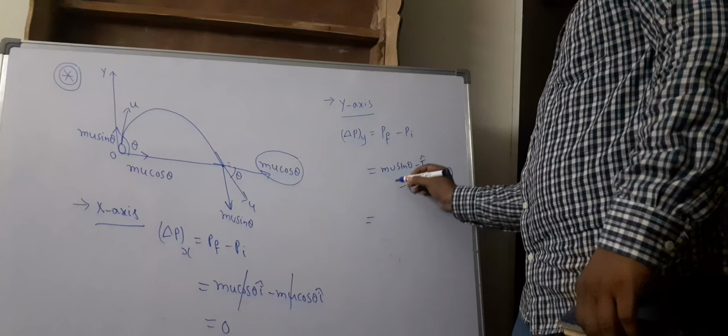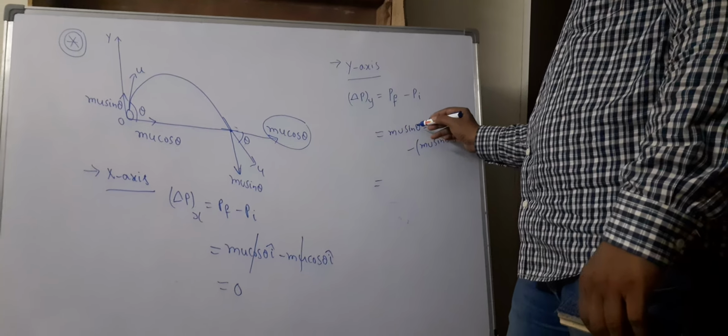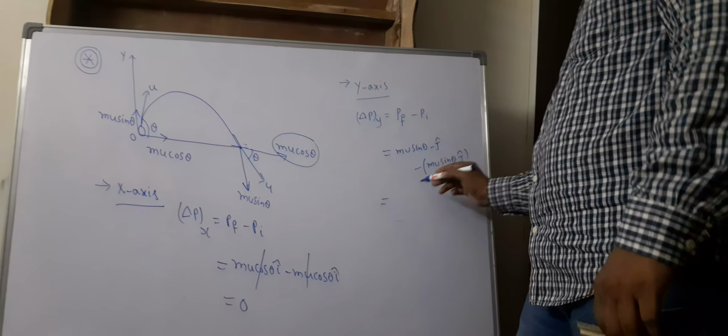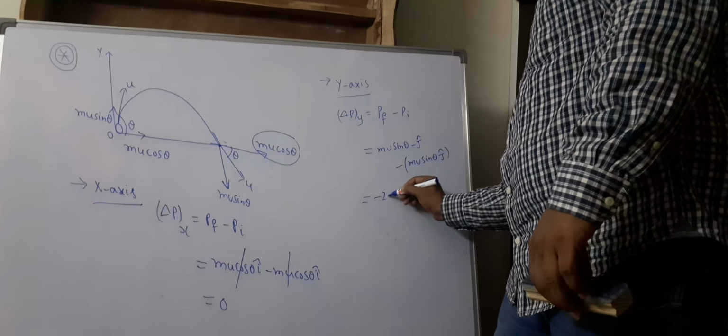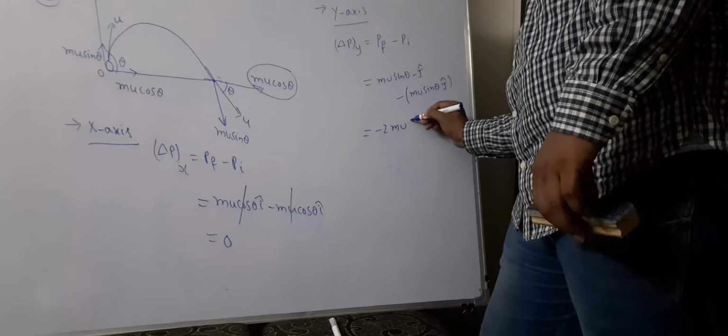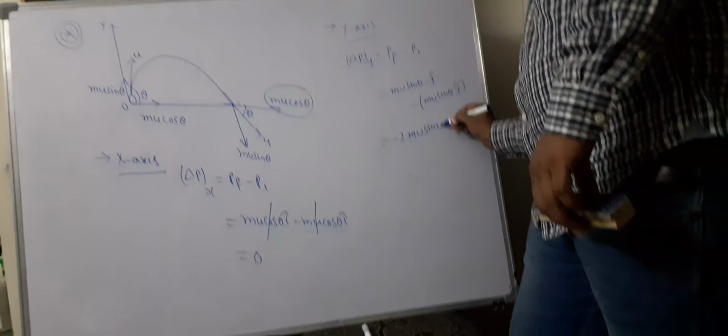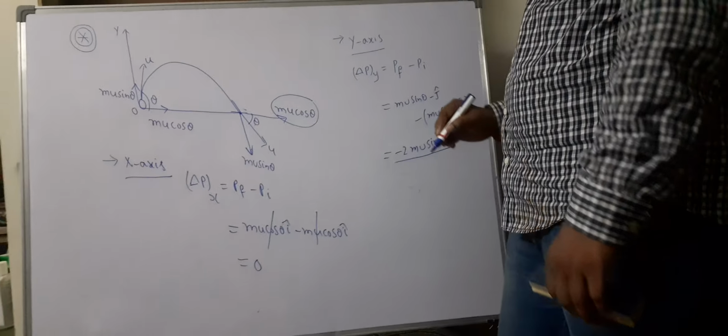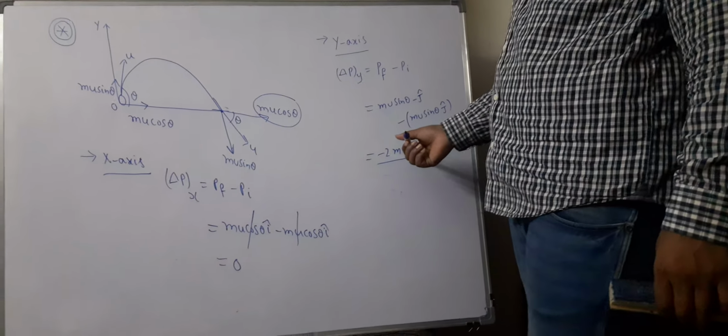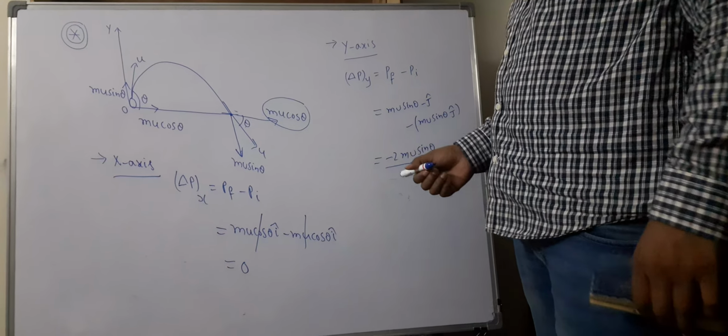Neatly written: minus mu sin theta minus mu sin theta, which is minus 2 mu sin theta. This is the formula for change in momentum along the y-axis.